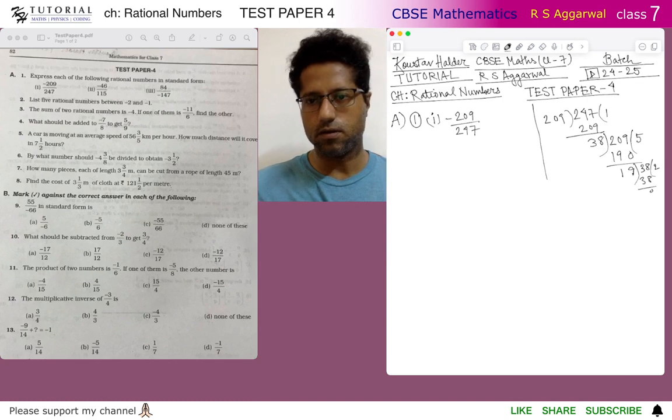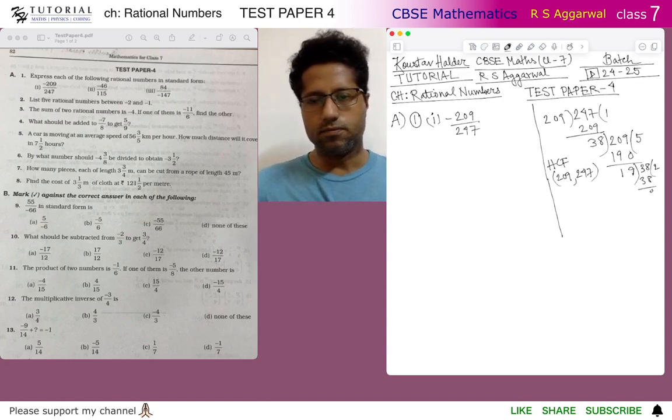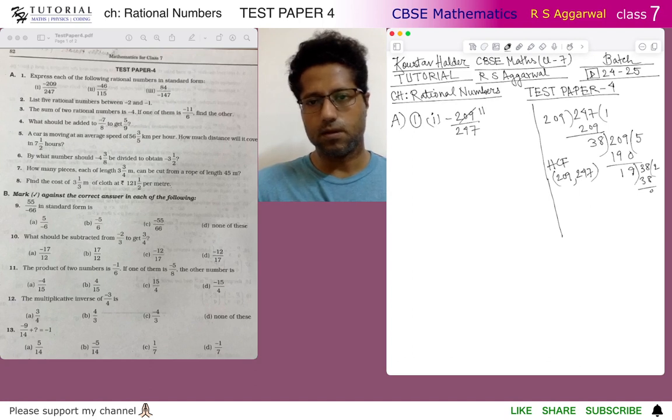So this was a quick rough work for finding the HCF between 209 and 247, and we found that it is 19. So we have to cancel by 19. If we divide the numerator and the denominator by 19, 209 becomes 11 and 247 becomes 13.